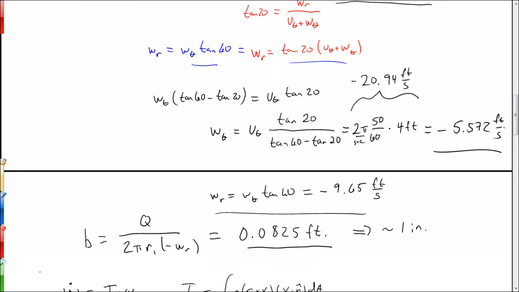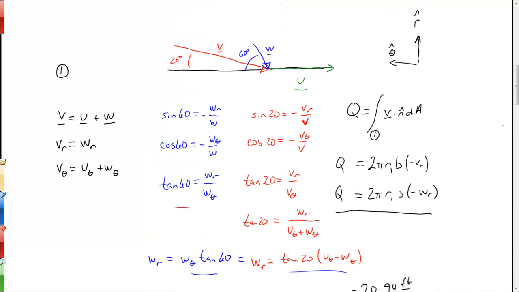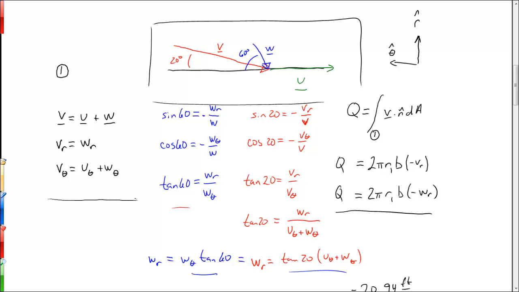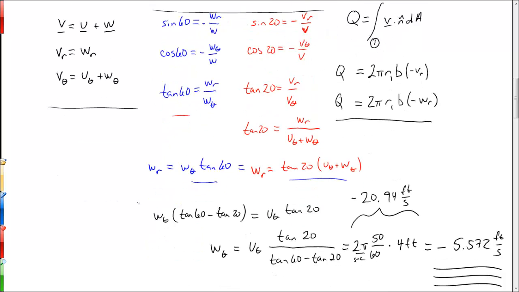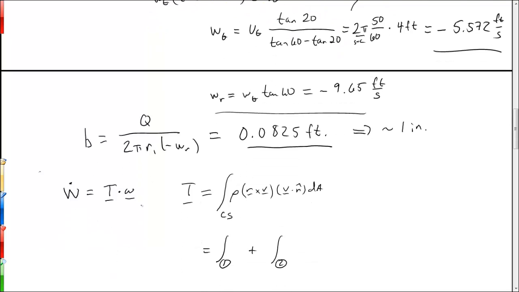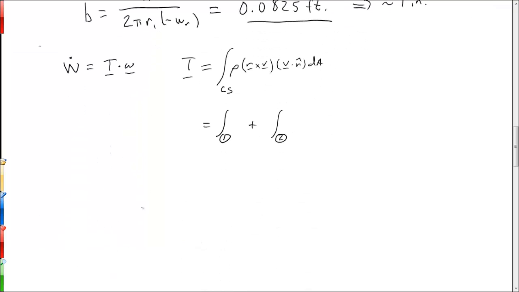Let's see. Remember our vector triangles here, and we know our vector relations here. And so at the inlet, this is going to be equal to the integral over the inlet of rho, r cross v times v dotted with n hat dA.